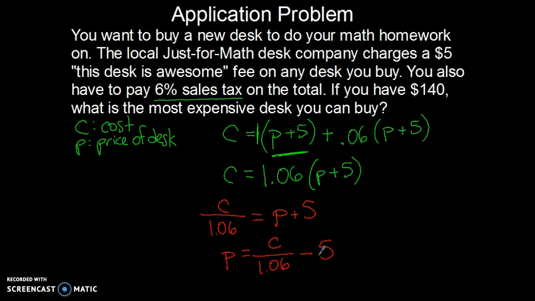Now we know what our total cost is allowed to be. We're allowed to spend $140. So we're going to go ahead and plug that in for our total cost. And when we do that, we'll find, well, P can be 140 divided by 1.06 minus 5.